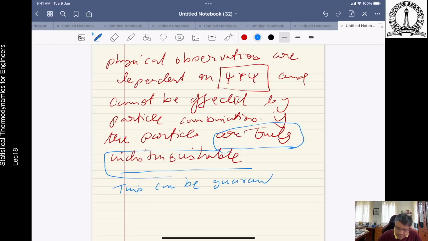You understand this? Even if we exchange their positions, because they are indistinguishable, there is no change in physical observations and nothing changes. So everything remains the same, and since it is dependent on this, it is not affected.